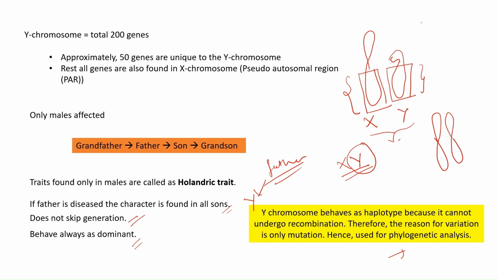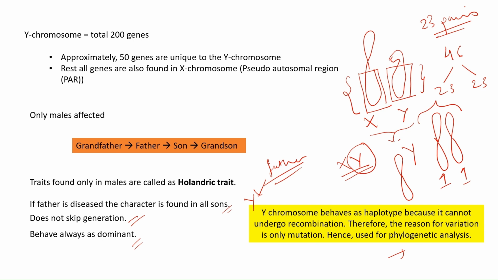In our body, we have 23 pairs of chromosomes, a total of 46 chromosomes. That means 23 from father and 23 from mother. So, for example, chromosome number 1 from the father and chromosome number 1 from the mother are known as homologous chromosomes. In the case of the Y chromosome, because the male contains only one Y chromosome, its homologous partner, that means another Y, is missing.